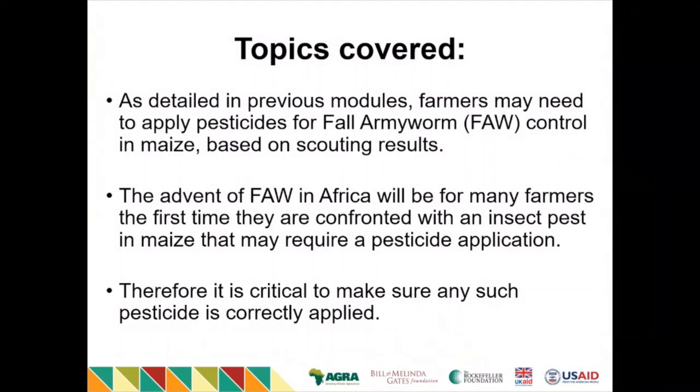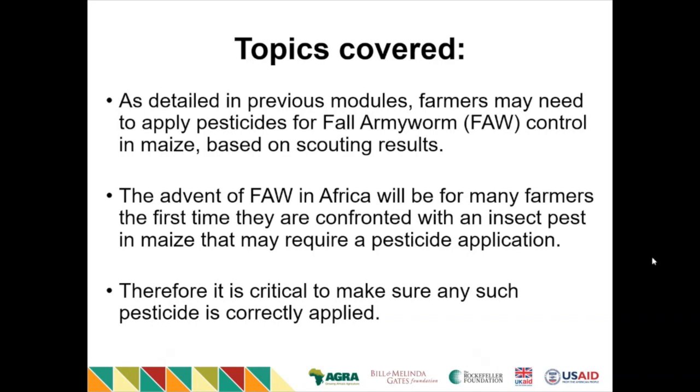So as already mentioned, we've detailed in previous modules that farmers may need to apply pesticides for fall armyworm control, and once again we should emphasize that we want to base this on scouting results. We don't want farmers to apply pesticides willy-nilly. We want them to actually have reasons for applying pesticides.